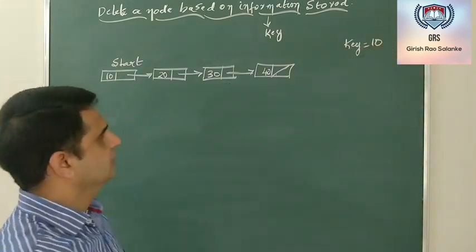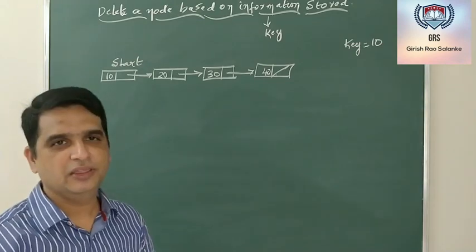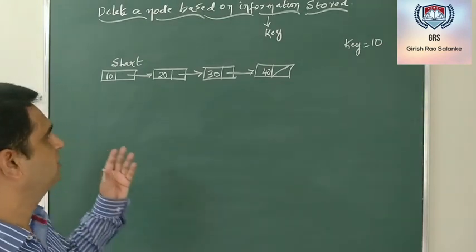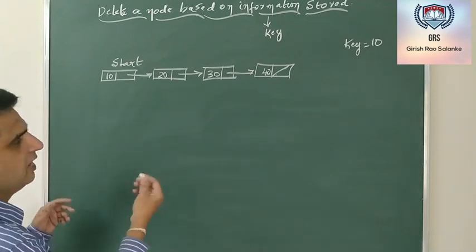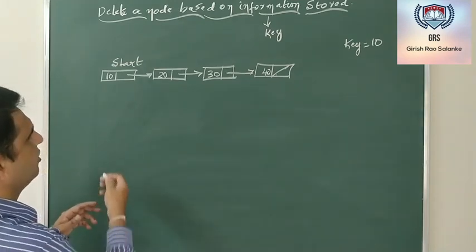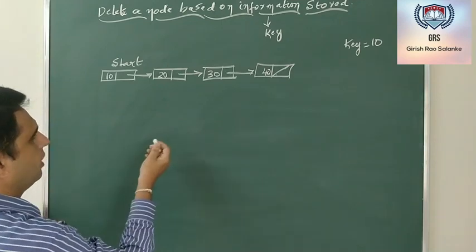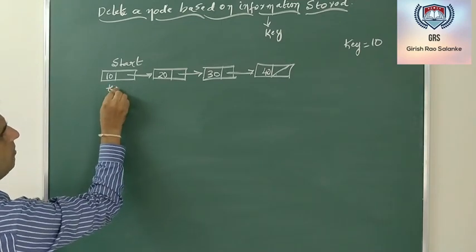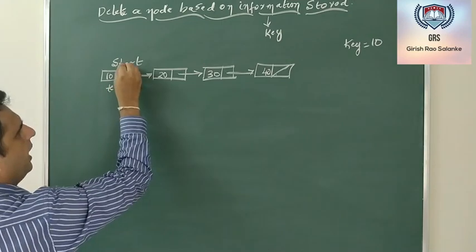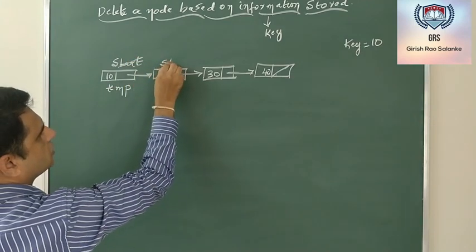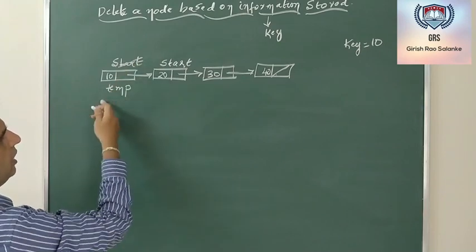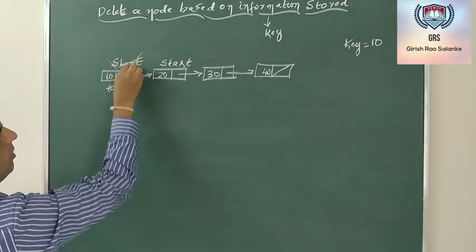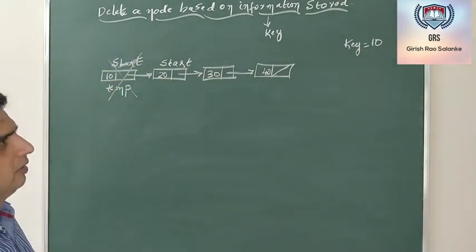In the sense, the information is stored in the first node itself. If the information is stored in the first node itself, then what are we supposed to do? Just change the reference of start from the first node to the second node. I will call this particular node temp, and change the reference of start from the first node to the second node. And then you have to deallocate the memory for this particular node.